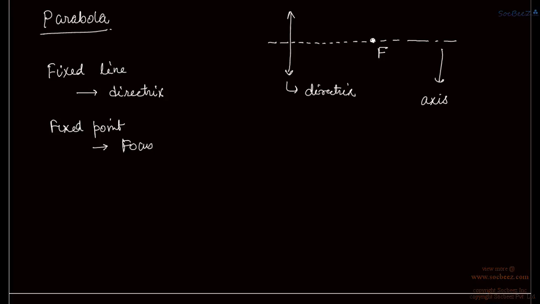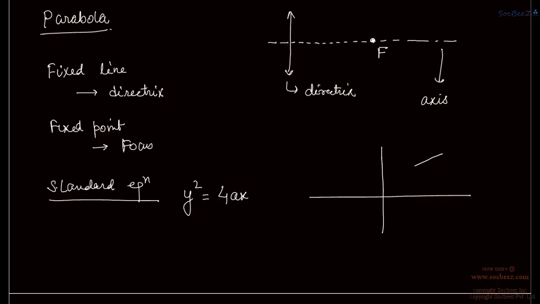Now for parabola, we have a standard equation: y square is equal to 4ax. This is the parabola whose focus is the point (a, 0) and directrix is the line x is equal to minus a.